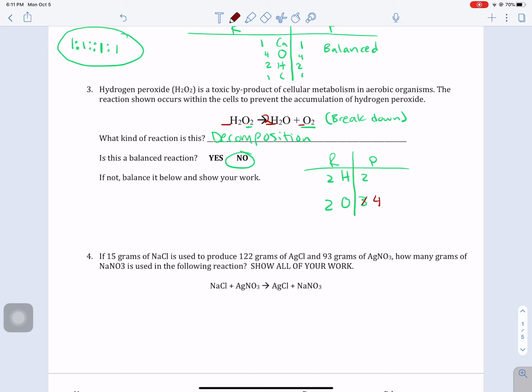So if I have 2 oxygens here, that's 4 total. Also, we have to look at the hydrogen. If I have a 2 here and a 2 here, I now have 4. And whatever you have here, you have to do on the other side. So I would put a 2 here. That way I would have 2 hydrogens and 2 oxygens.